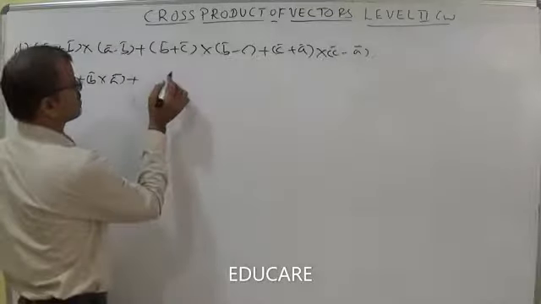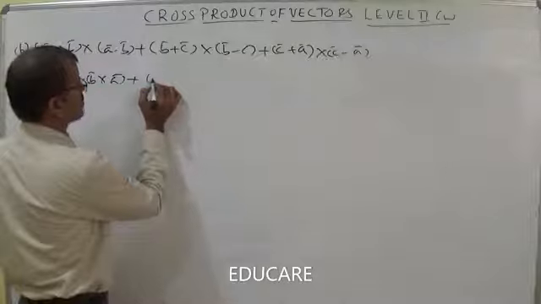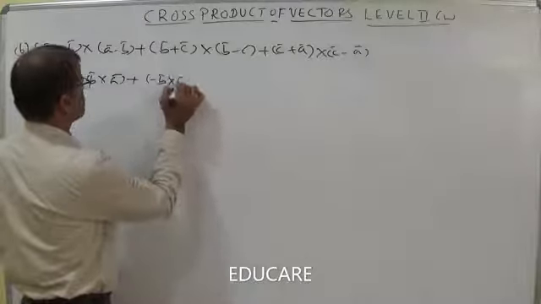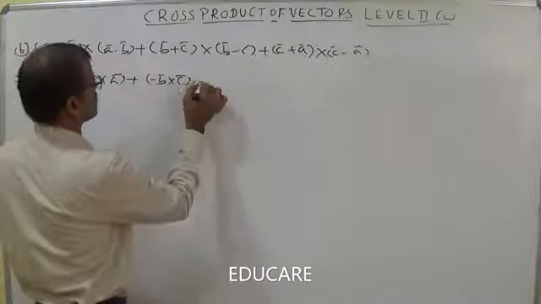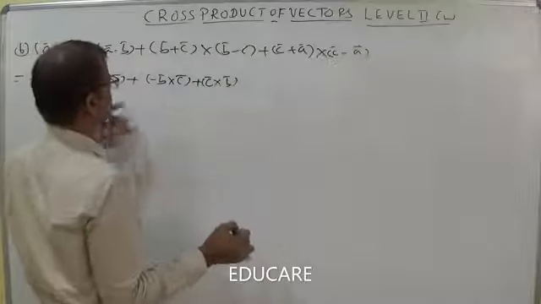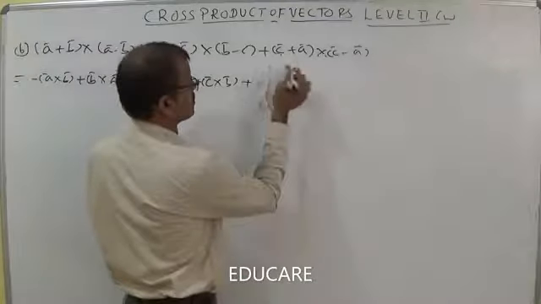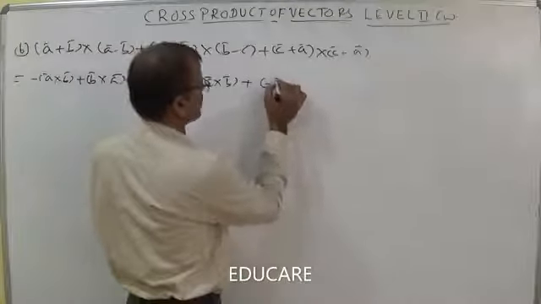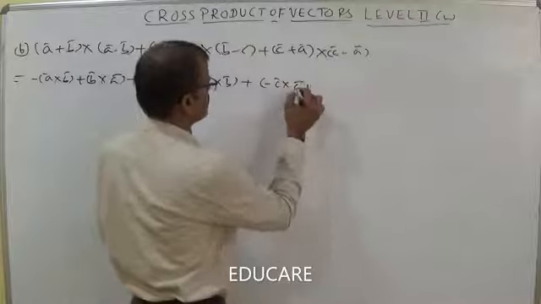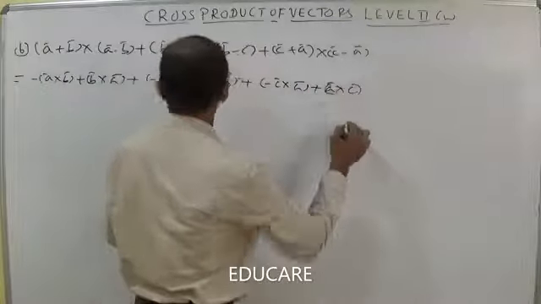Here also b cross b, don't write. Now you can write minus b cross c, next plus c cross b. Minus b cross c plus c cross b. Next c cross a, no need to write. Minus c bar cross a bar plus a bar cross c bar.